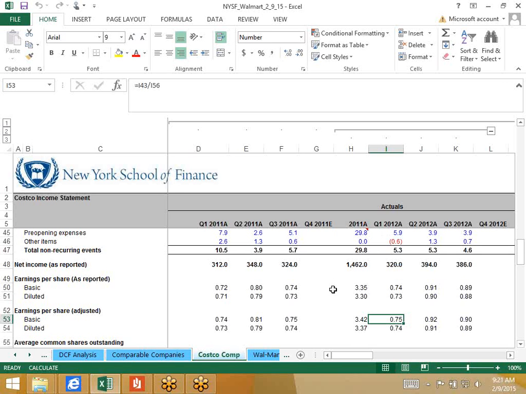Right? So you have now data from December 2010 to January 2012.